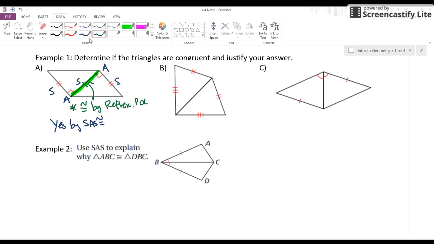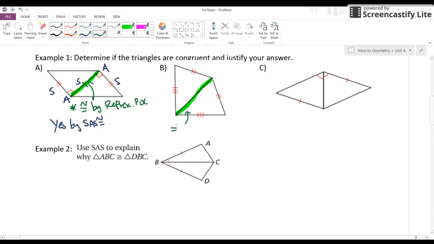What do we think? Can I use SSS or SAS here? Well, hopefully you're seeing I've got no information about angle bisectors or congruent angles, so SAS is automatically out. But you also see once again, we share this side here, which means we've got the reflexive property once again.